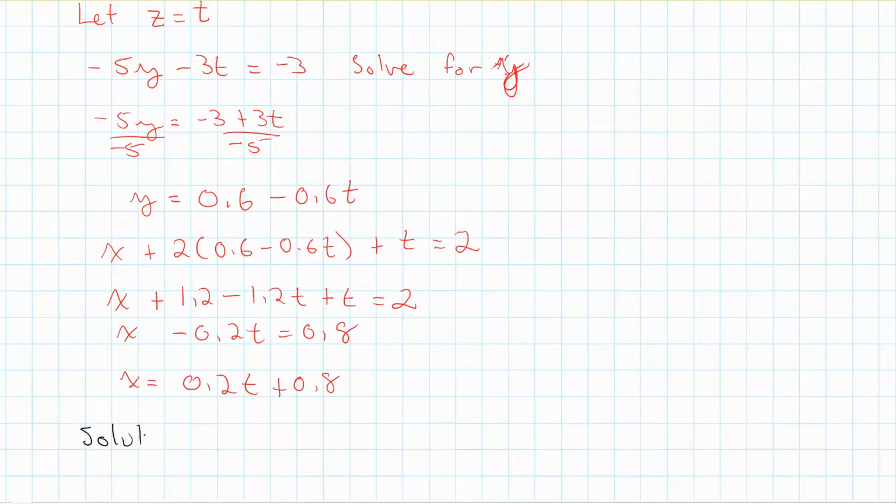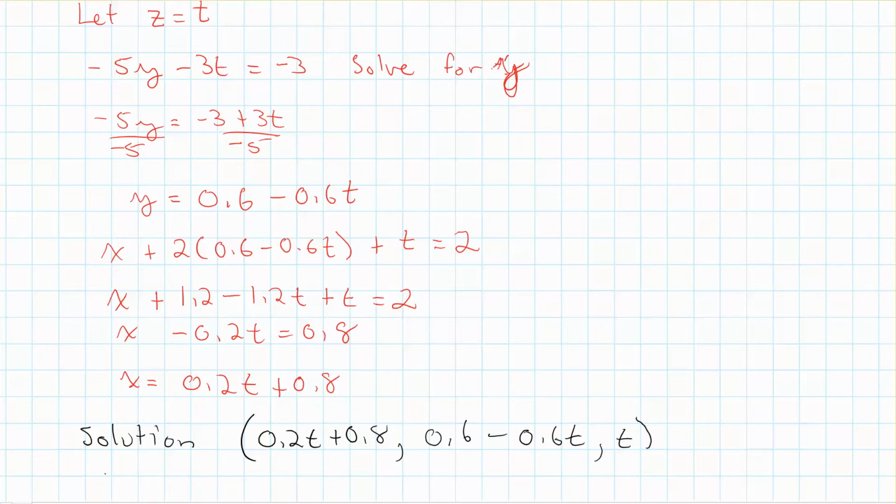So the solution here looks a little bit weird. The solution is 0.2t plus 0.8, comma, 0.6 minus 0.6t, comma, t.